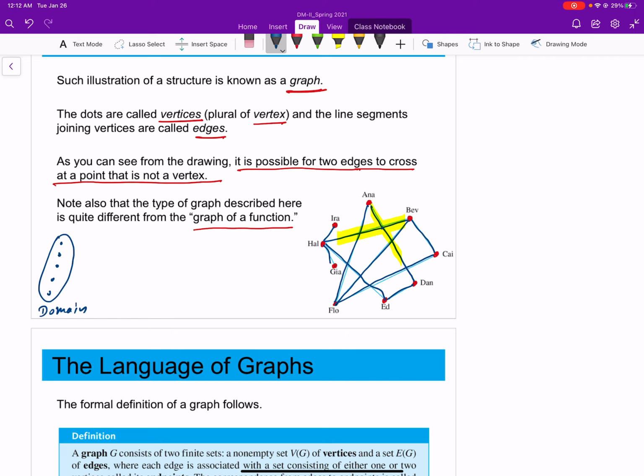Let's say this is 0, +1, 2, -1, -2. There are 5 values in the domain. Okay, let's say domain has 5 values. In the range you have 3 values, 0, 1, 4.